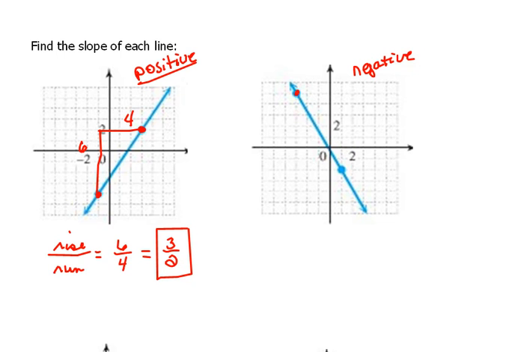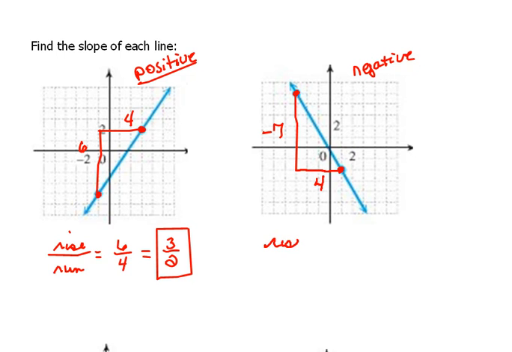Let's look at this one. Here we have 2 points, and we're going to move from the left to the right. We always move left to right. So in order to get from this point to this point, we actually have to rise down. We have to go down, don't we? 1, 2, 3, 4, 5, 6, 7 units. That is going down 7 units. And then we're going over 1, 2, 3, 4 units.